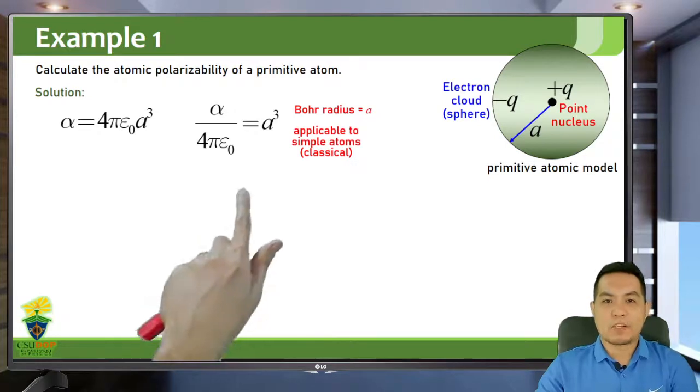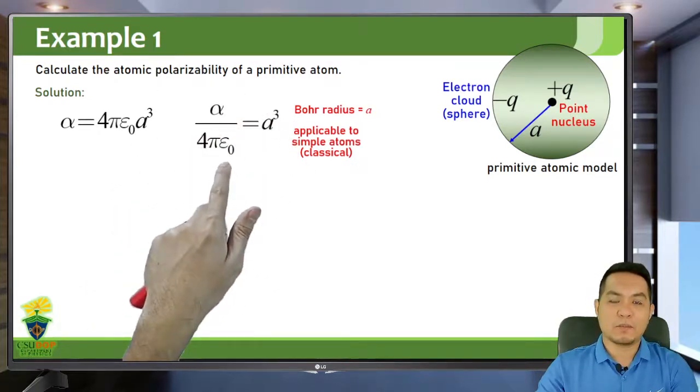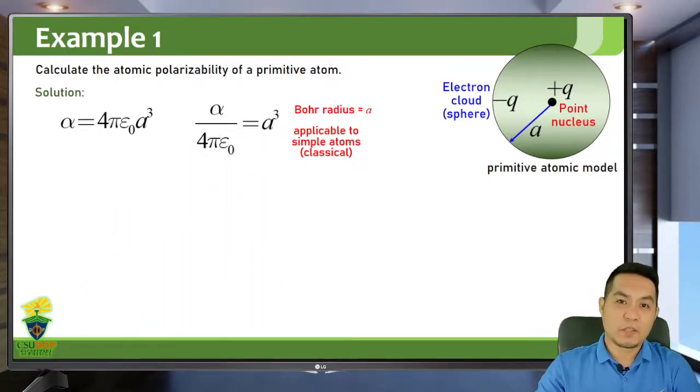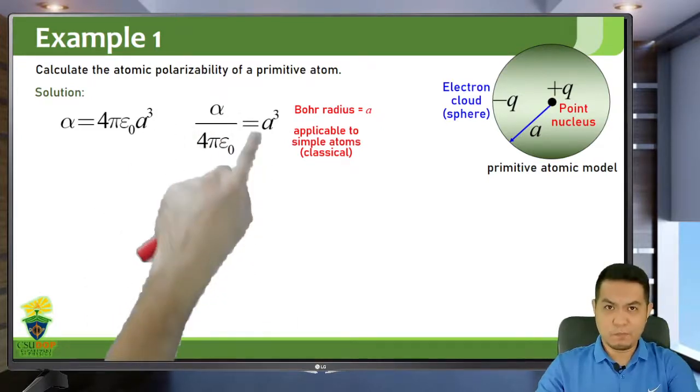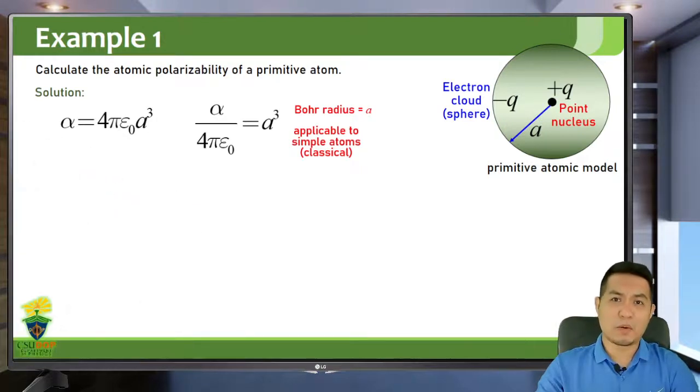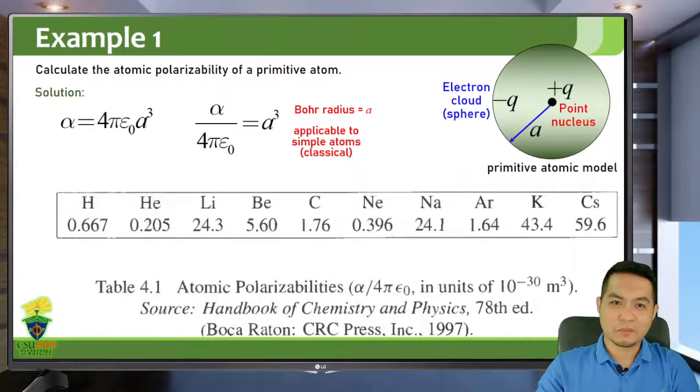And this approximation of the polarizability of an atom is applicable only to simple atoms. This is the classical case. We didn't use any quantum physics here. It's purely a classical calculation. That's why it's the primitive or the classical model.